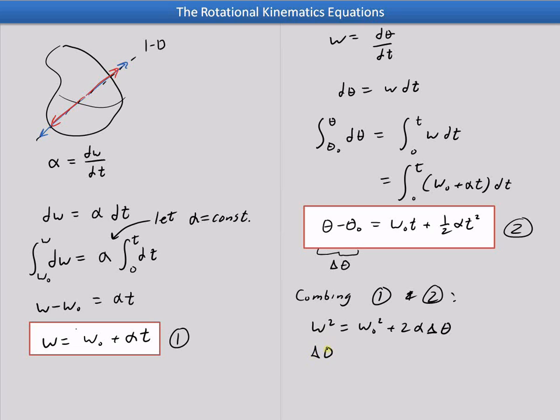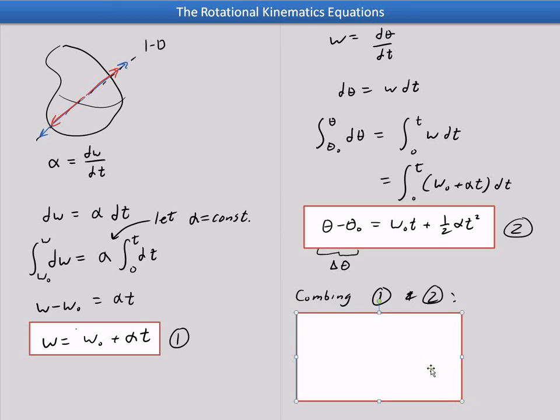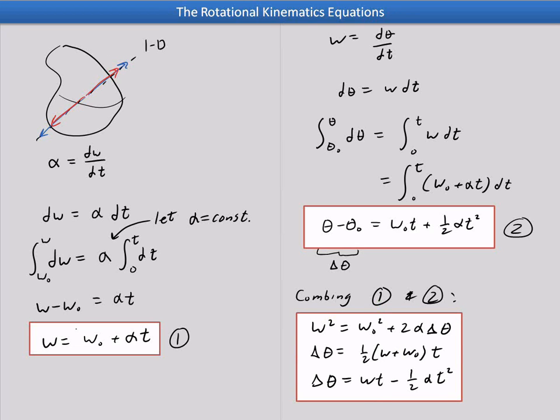It will tell us that delta theta is equal to 1/2 times omega plus omega initial, times t, and it will tell us that delta theta is equal to omega t minus 1/2 alpha t squared. So those are the other combinations we can get, chosen because each combination leaves out one of the 5 variables.